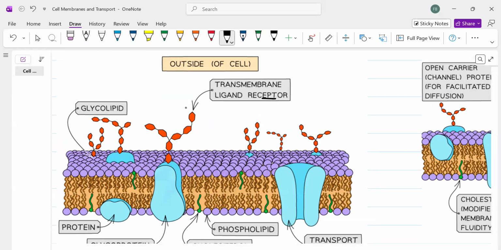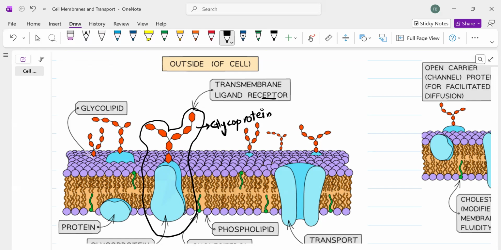So it is not just a protein, it is the transmembrane ligand receptor. What is this whole thing? It is protein plus carbohydrate. It's a glycoprotein.